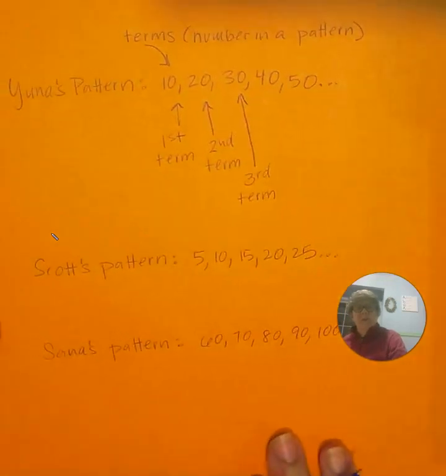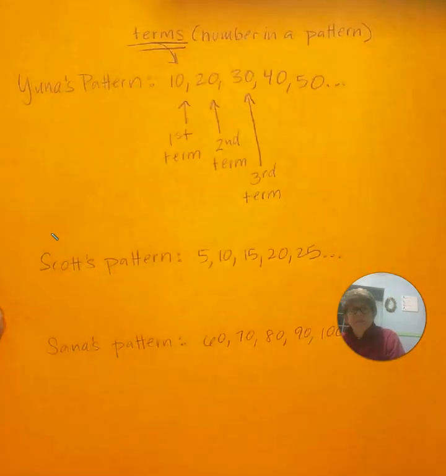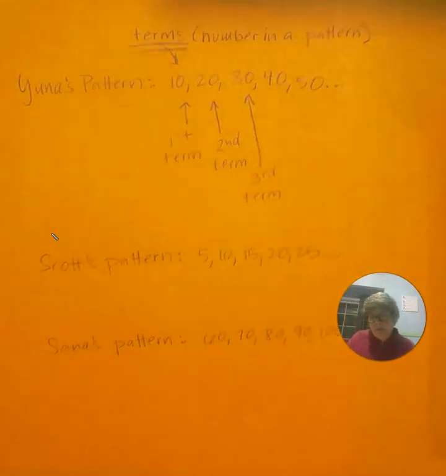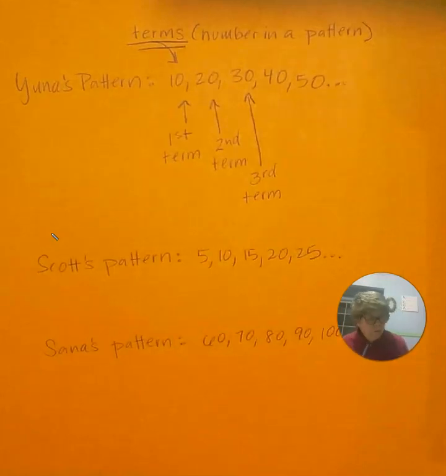Okay, so we're going to be using the word terms to mean number in a pattern, but like many words in English and other languages, term has multiple meanings. So maybe you've heard of term as a period of time. The president is elected to a 4-year term, 4 years being the length of a period of time.